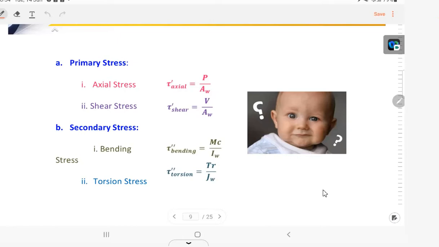Okay, then the force, this is the force and stress analysis. So we will have one primary stress, or primary load, and the second one is secondary stress.